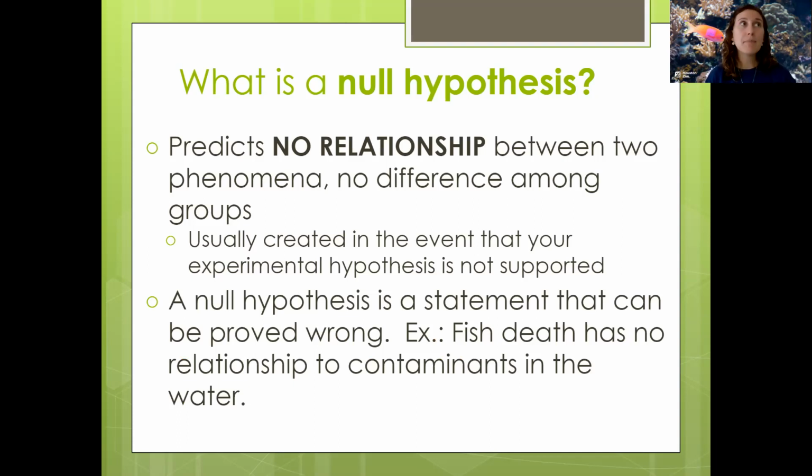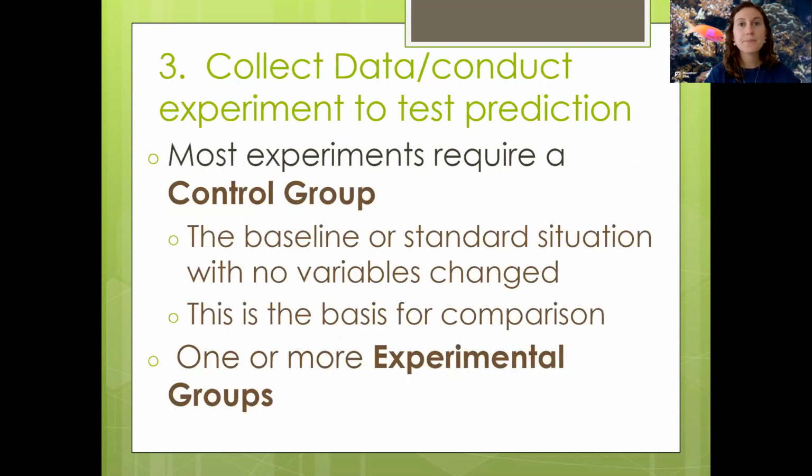So we have a null hypothesis in case you design your experiment, you run your experiment, and you find that this does not support your hypothesis. Then you can fail to accept your experimental hypothesis and accept your null hypothesis, that perhaps there is no relationship between these two variables.